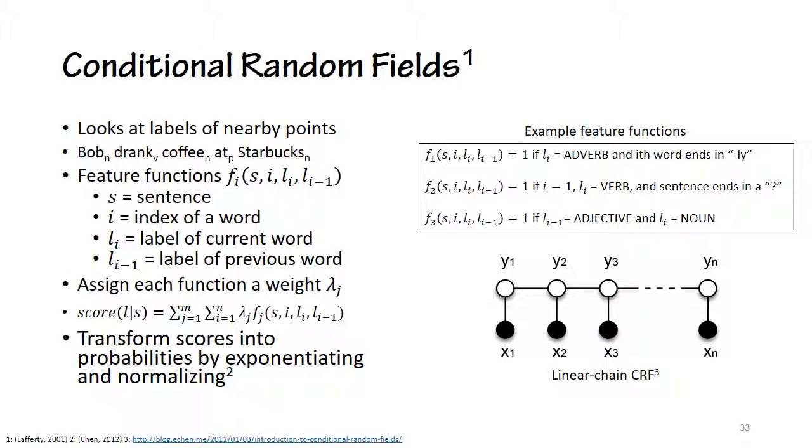Now we have conditional random fields, which are built on the idea of HMMs. That's how we look at different points. So if there's a point nearby, let's use this example. Say it's a part of speech like an adverb, and then another point is a noun.